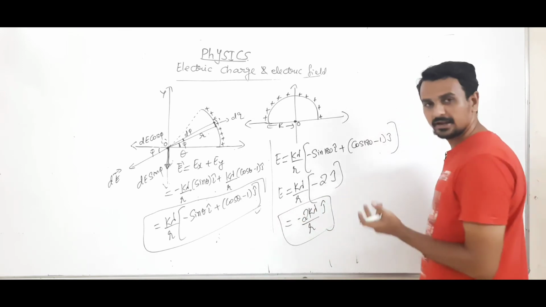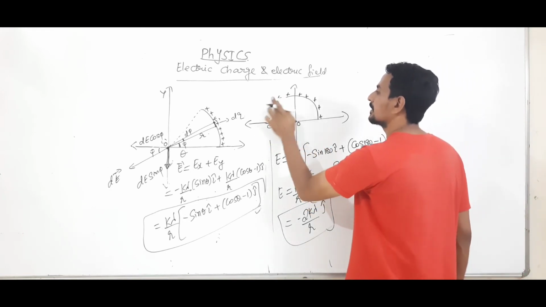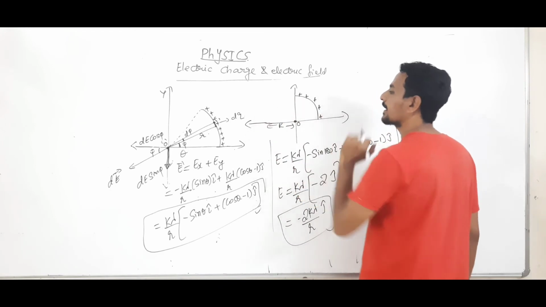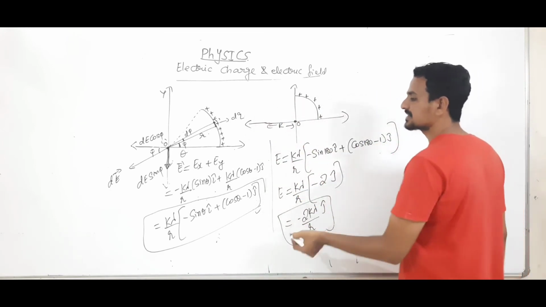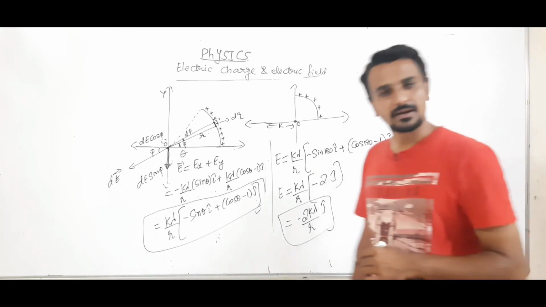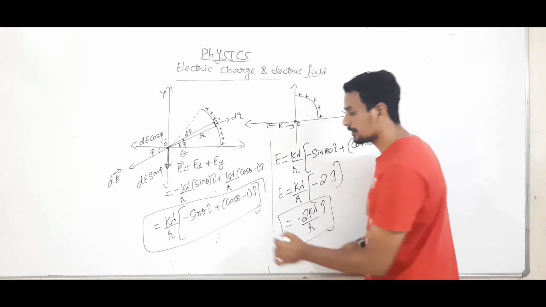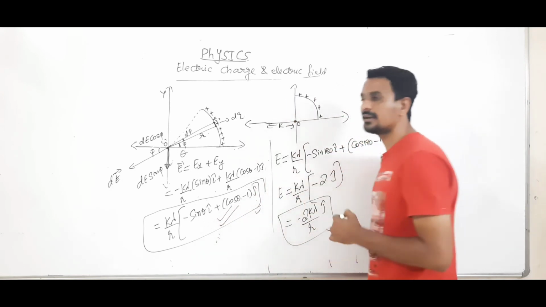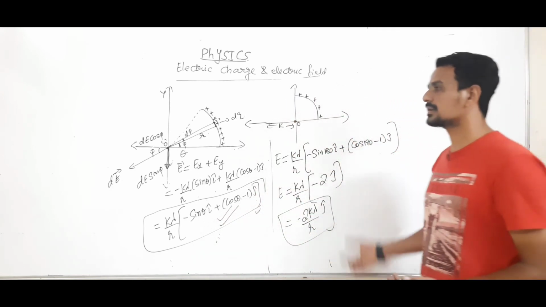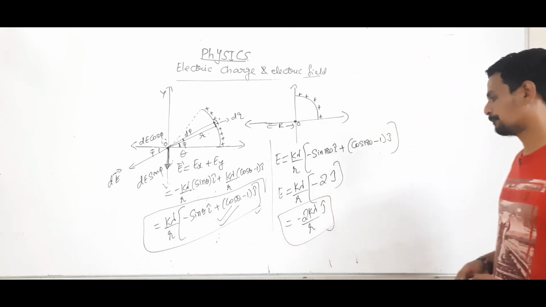Clear? Now, if the question is this way, find the electric field over here, then substitute theta equals 90 degrees. Of course, we will solve it with the method also. But if you know this formula, you can solve the question in a very short time.